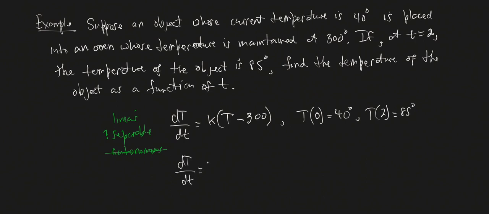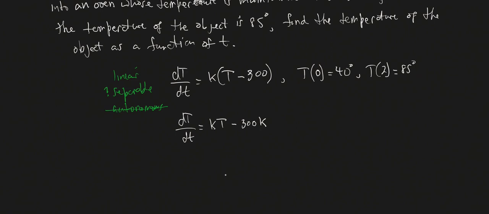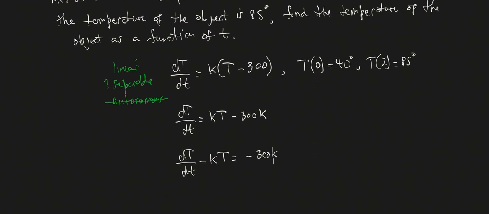If I distribute k, I'll get k times T minus 300k. So if I subtract the kT from both sides, I will have this equals negative 300k. All right, that's not too bad.